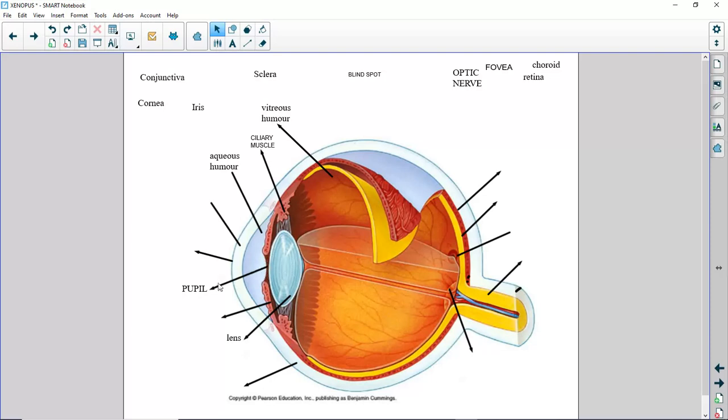Light enters through here, but the regulation of that light comes from the iris, right here and right there. The iris is the colored portion of the eye, which constricts and dilates, gets smaller and larger, in order to allow light to either not get through or to get through, depending on the amount of light that there is.